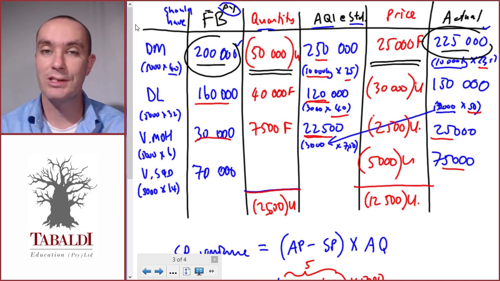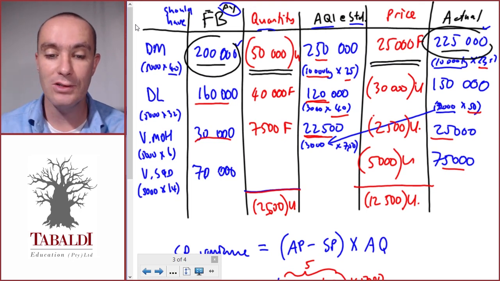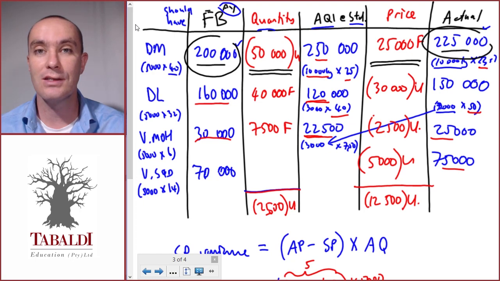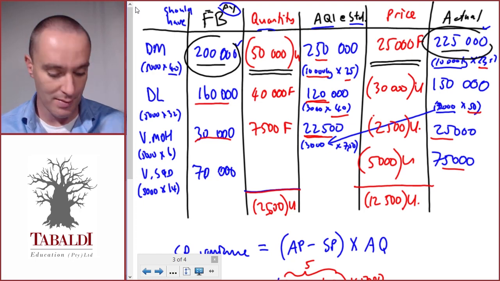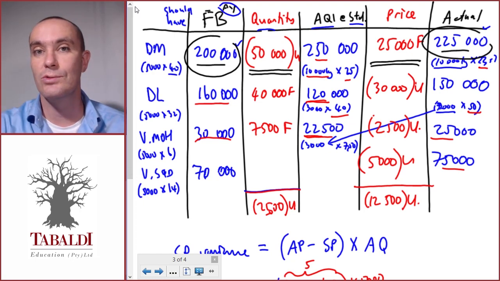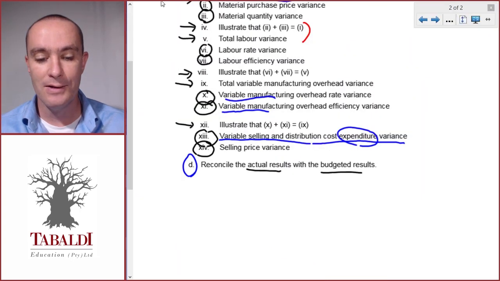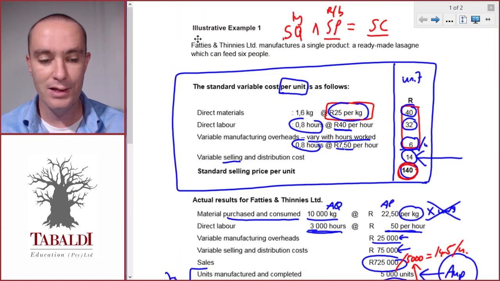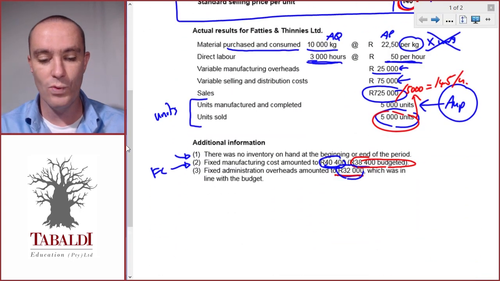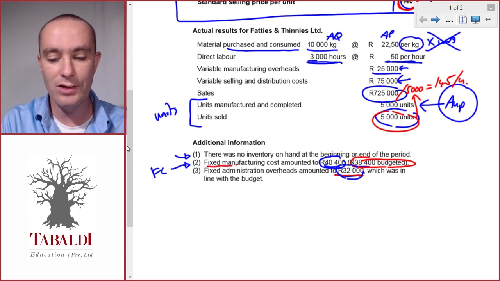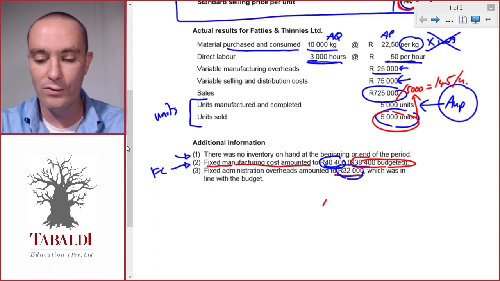So we must check whether we had any fixed costs that had variances. They didn't ask us to calculate any fixed cost variances, but there could have been, and that would cause a difference between budgeted and actual profit. If we look at the information right at the bottom there, we had fixed manufacturing costs that amounted to 40,400, and the budgeted were 38,400.